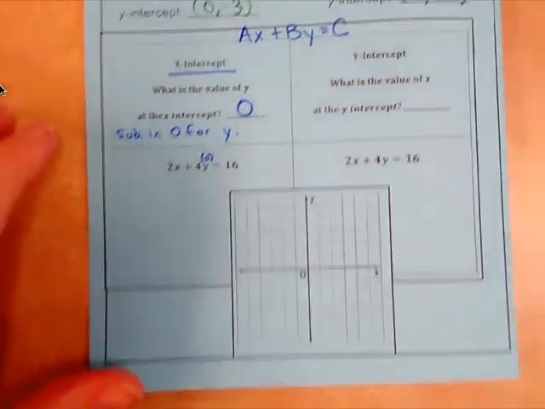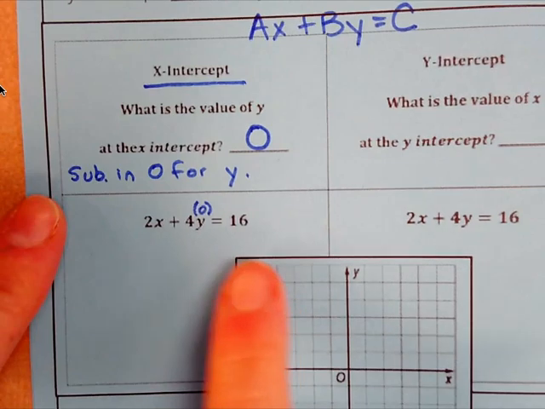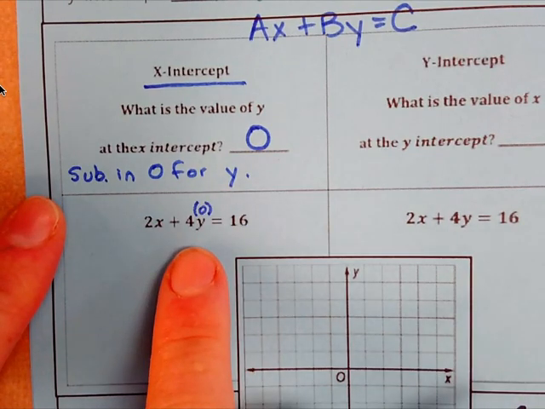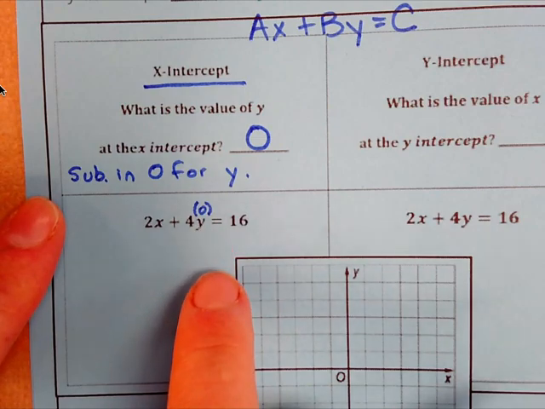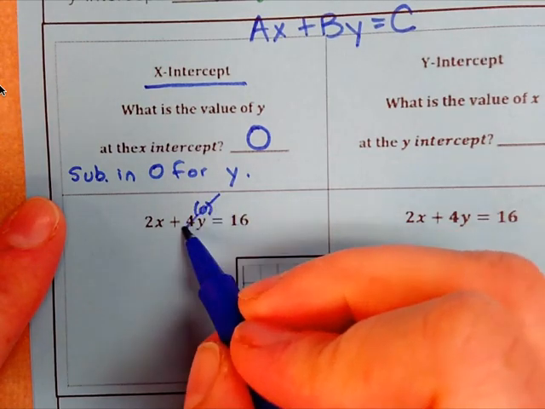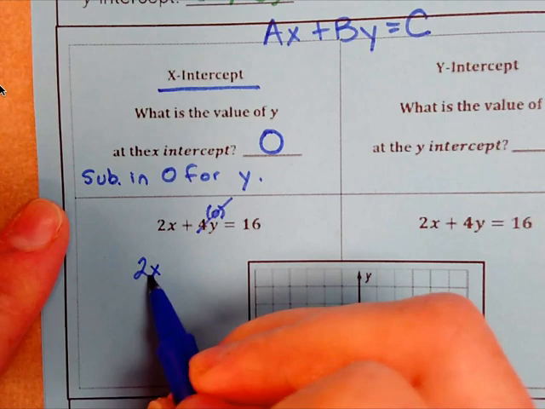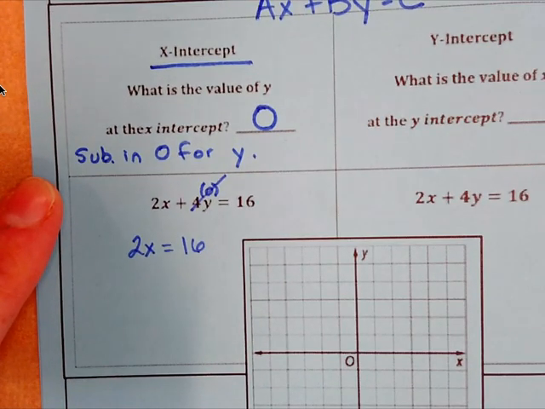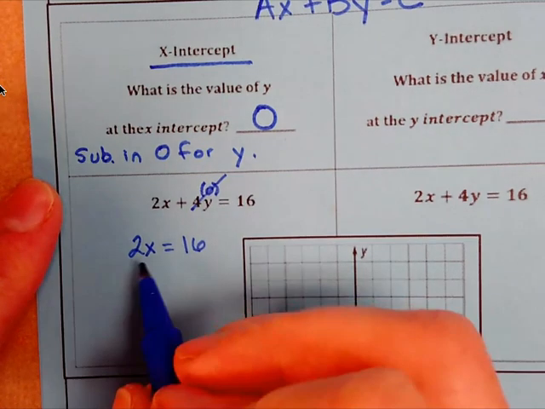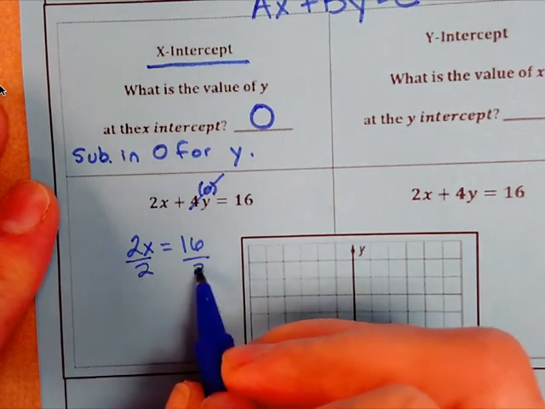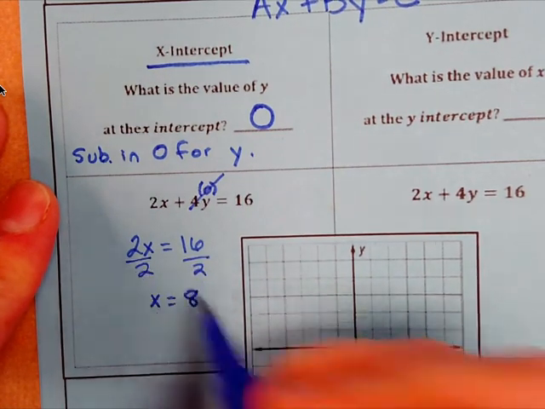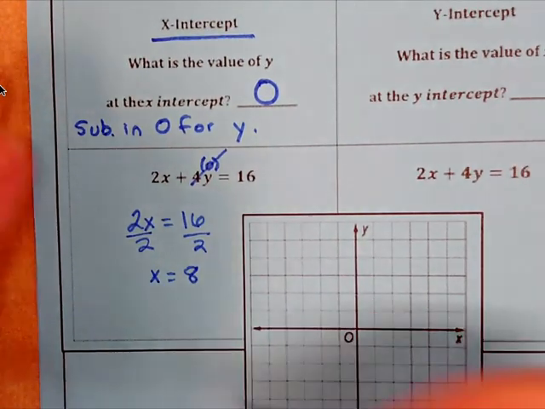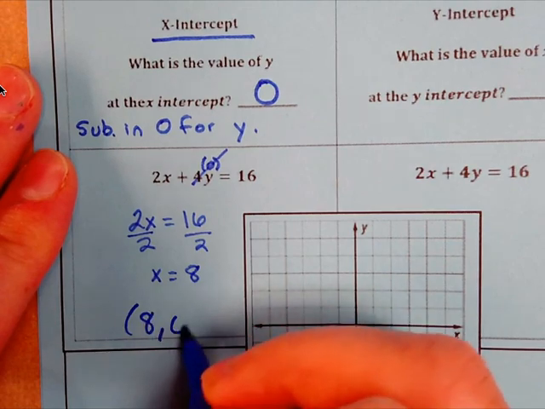But the really cool thing about this is if I put in a 0 here, 4 times 0 is 0. So it really just goes away. And all we're left with is 2x equals 16. Then we're solving for x. So we divide by 2. We get x equals 8. So then our x-intercept is at (8, 0).